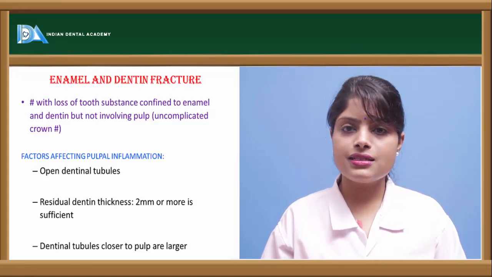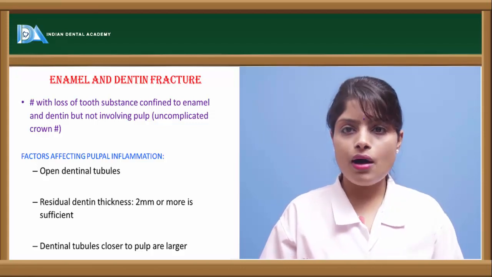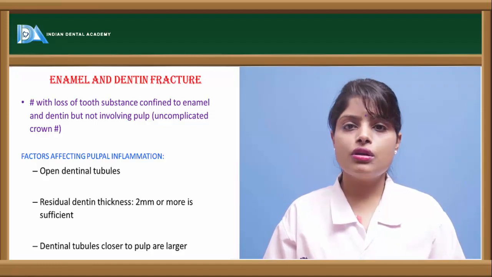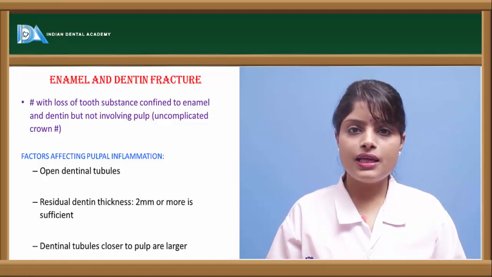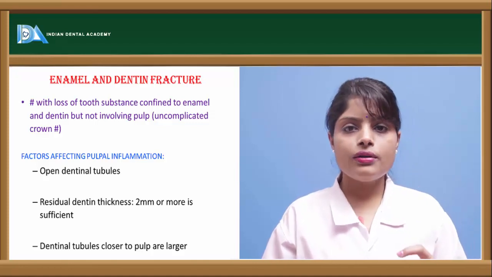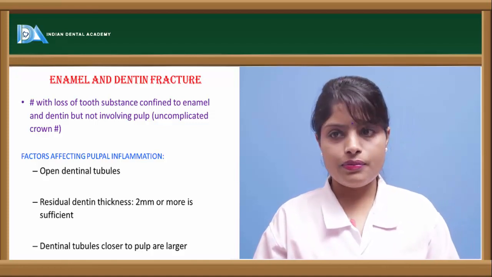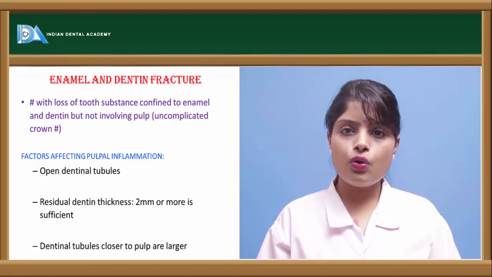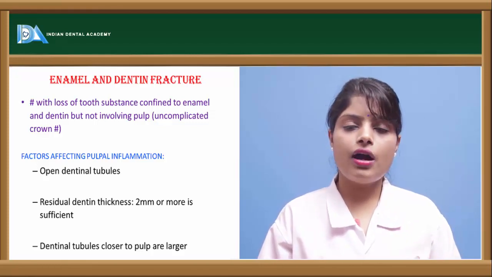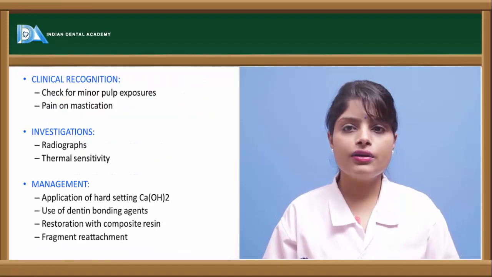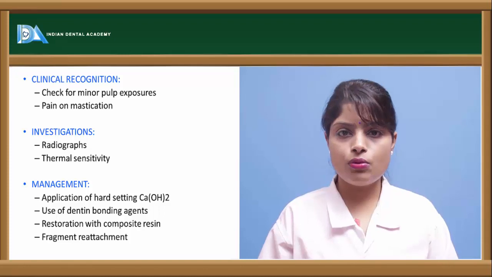So basically the sensitivity depends on the amount of dentine loss, that is the number of dentinal tubules exposed, the thickness of the dentine which is already present protecting the dental pulp, and whether the dentinal tubules are closer to the pulp or farther away from the pulp. Now how will we recognize that the dentine is exposed?